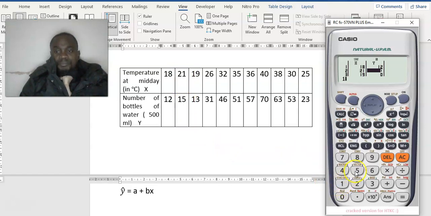So 15, then 13, then 31, then 46, then 51, then 57, then 70. So I have typed the 70. Let's move on to 63.